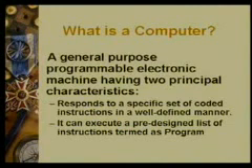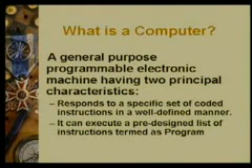A computer is a general purpose programmable electronic machine having two principal characteristics. It is a programmable machine. It responds to a specific set of coded instructions in a well-defined manner, that means it responds to a program in a well-defined manner.